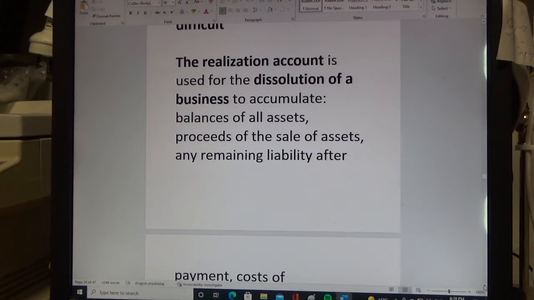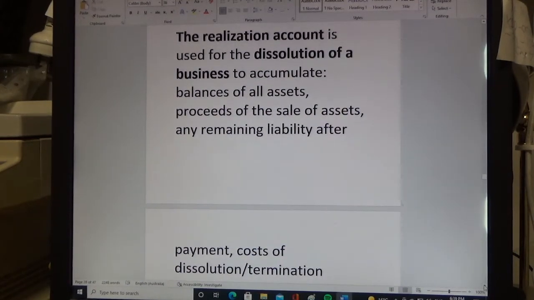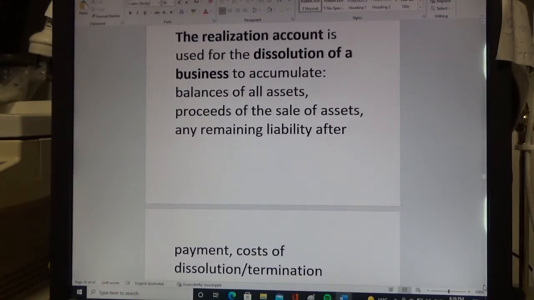Dissolution of a business is to reverse out assets, take them off the books, sell the assets so the cash can be distributed to partners after all the liabilities and expenses have been paid. Creditors being accounts payable, loans that the partnership had to other companies, creditors, that has to be done first.